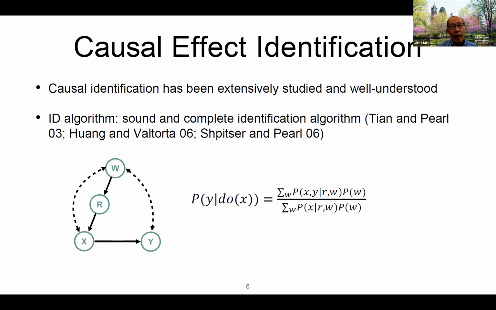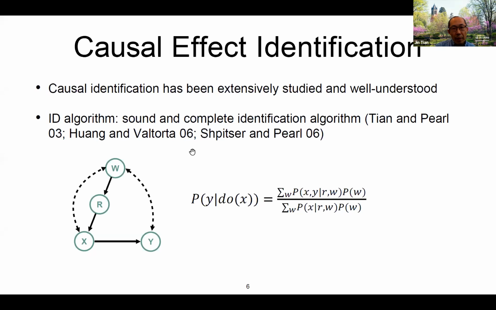Now, the causal effect identification problem has been extensively studied since the 1990s. So currently, there exists a sound and complete identification algorithm. I will call this algorithm the ID algorithm.